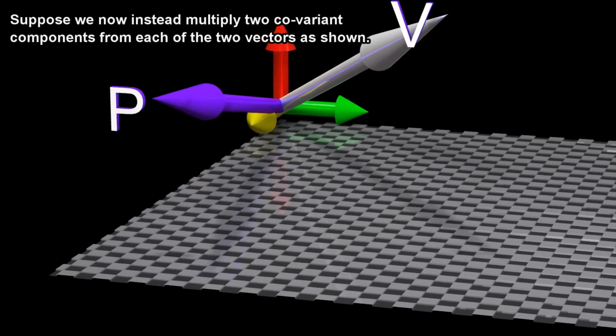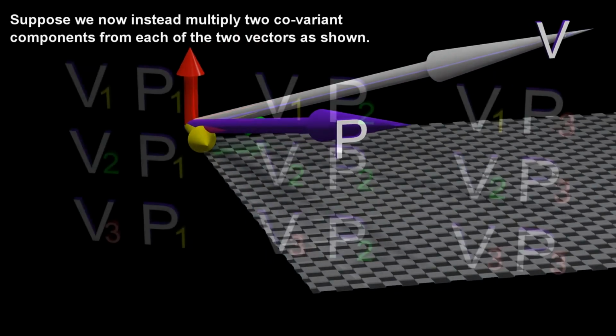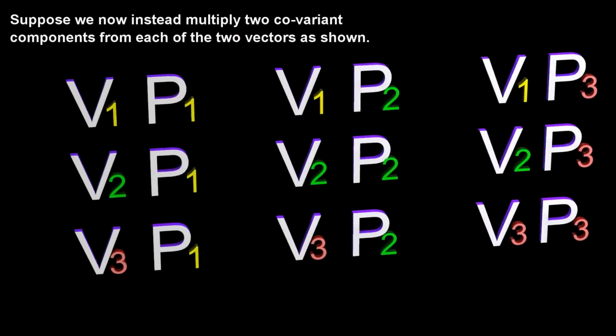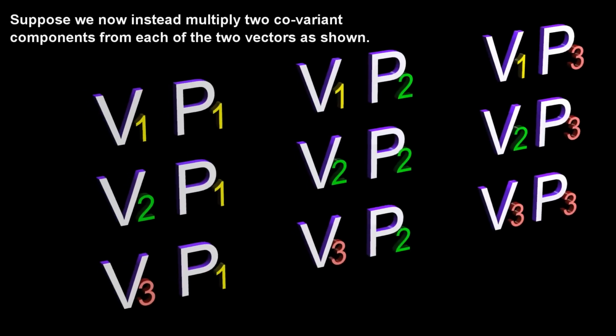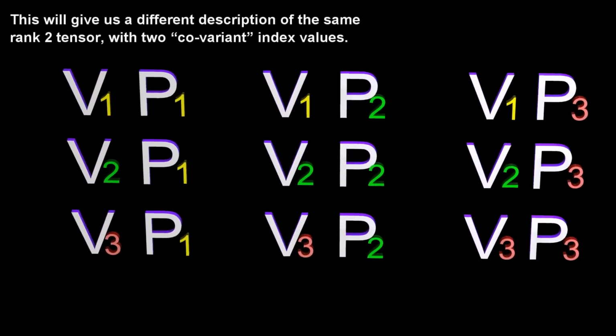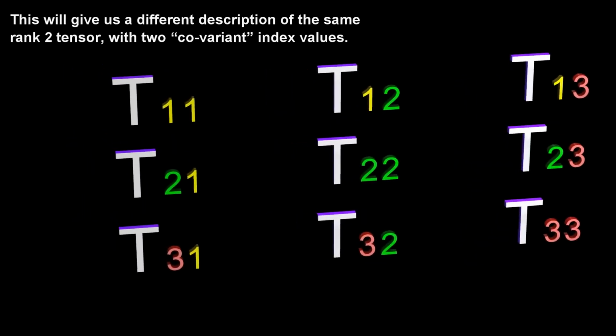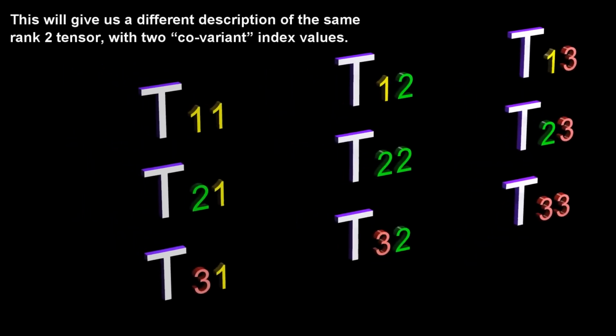Suppose we now instead multiply two covariant components from each of the two vectors as shown. This will give us a different description of the same rank 2 tensor with two covariant index values.